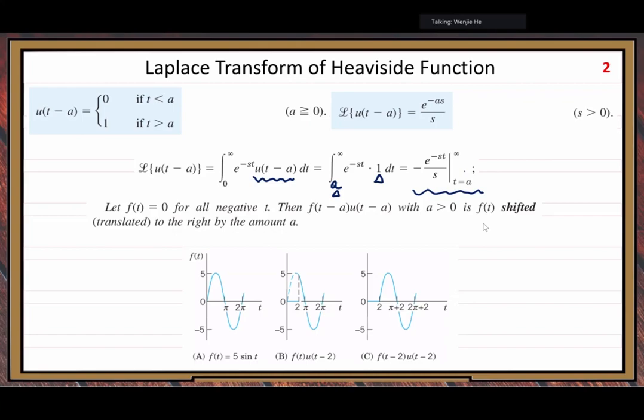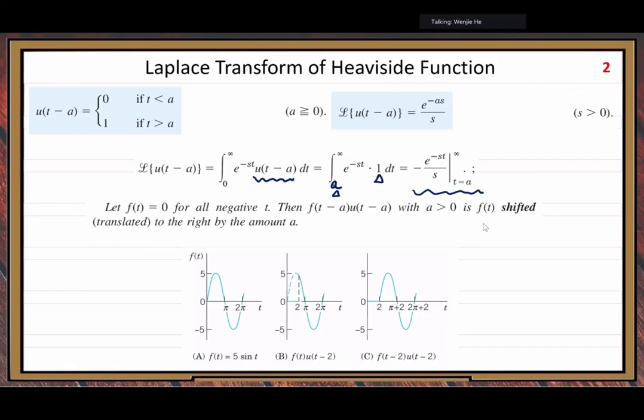The starting point is at 2. Start at 2 and chop it down. The left-hand side is thrown away, it is 0. Starting from 2, it keeps the remaining part of the f function. So that's B.